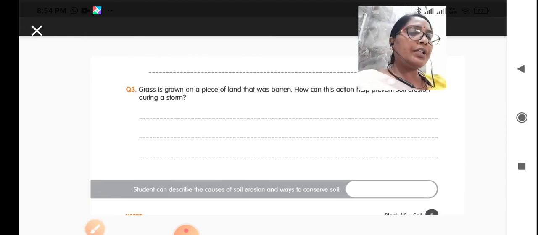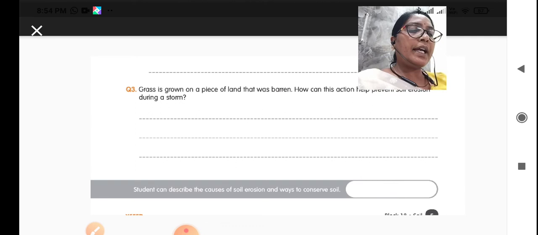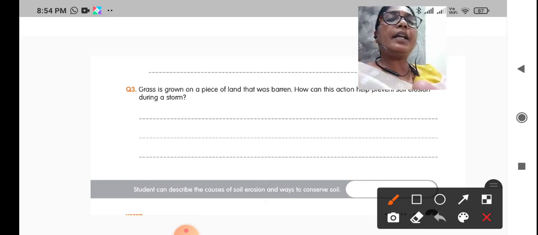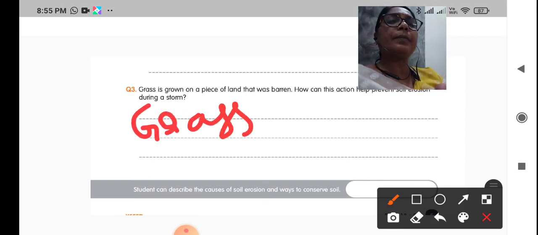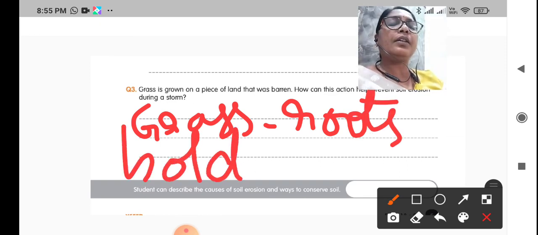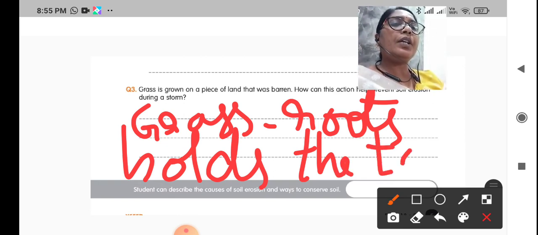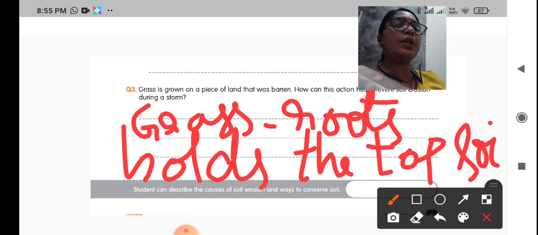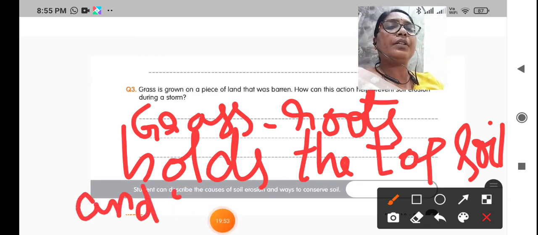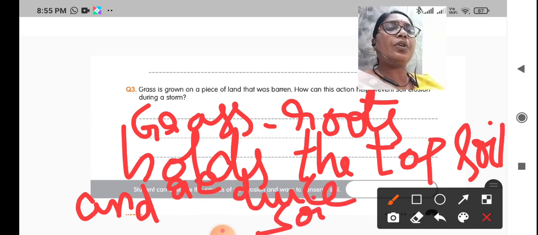Now the last question: grass is grown on a piece of land that was barren. How can this action help prevent soil erosion during a storm? When there are so many grass plants, the grass roots hold the topsoil and reduce soil erosion.